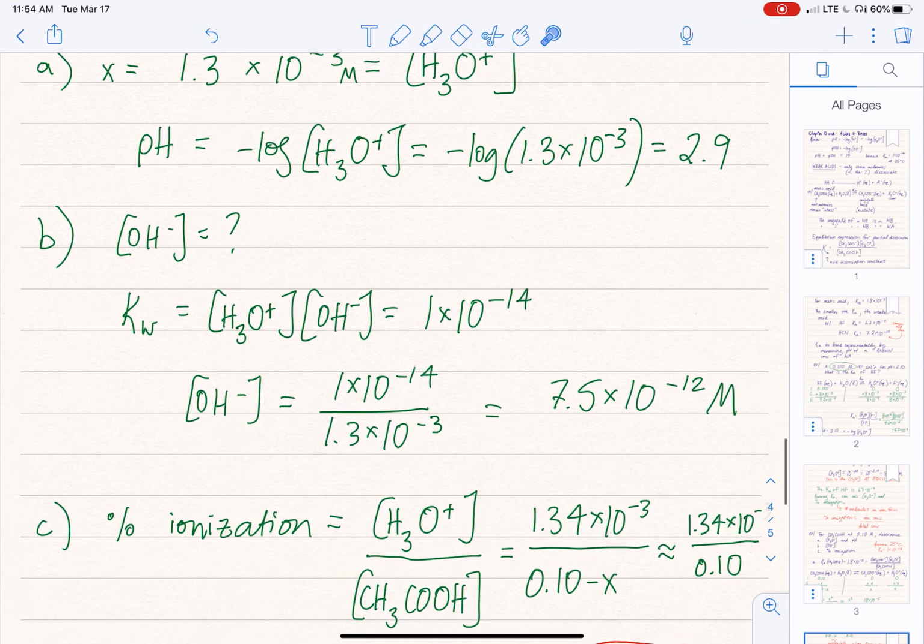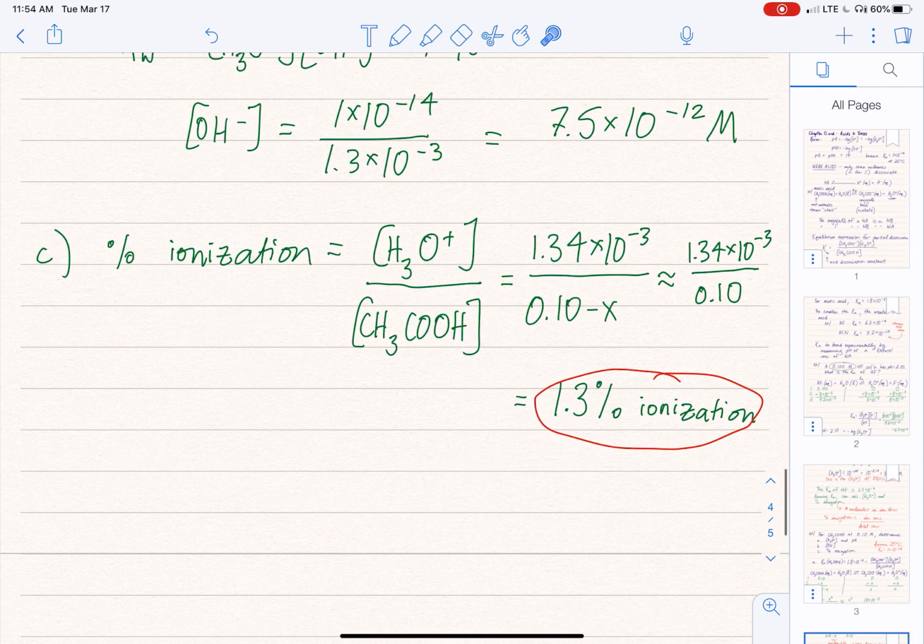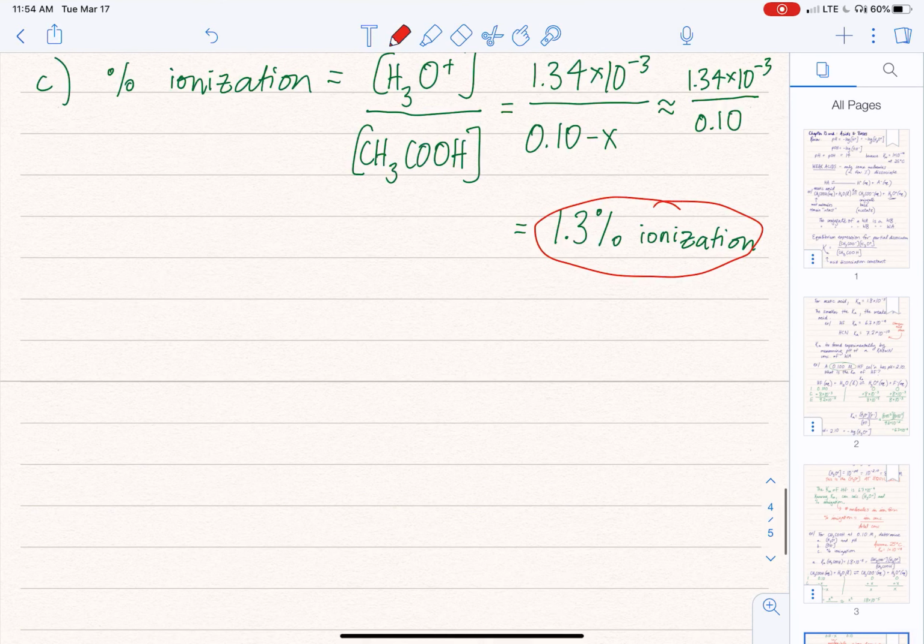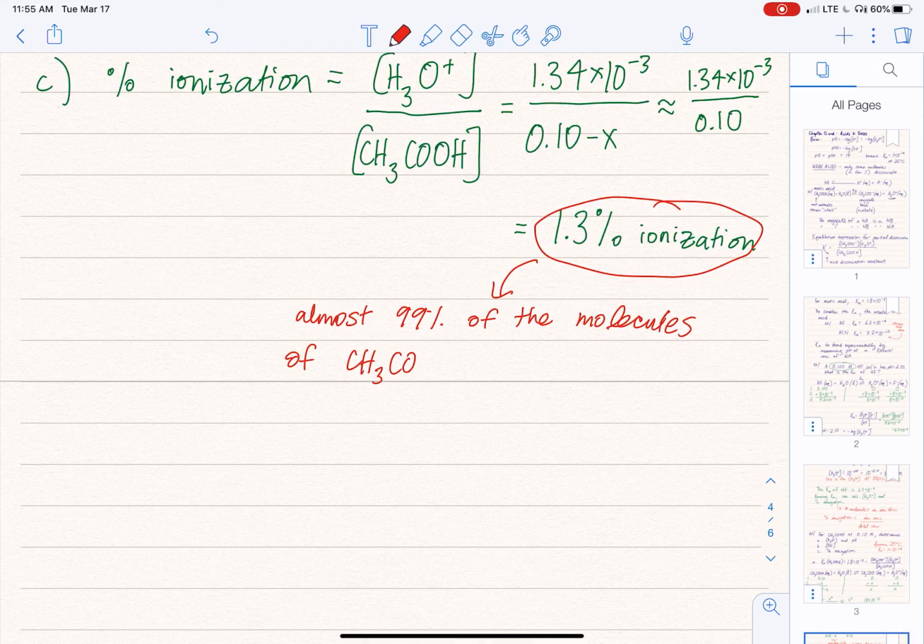That's what that number means. Okay, so I really want to emphasize that. And this is what makes a weak acid a weak acid. This means that almost 99% of the molecules, so 98.7% of acetic acid, do not dissociate. They remain, quote, intact, unquote.